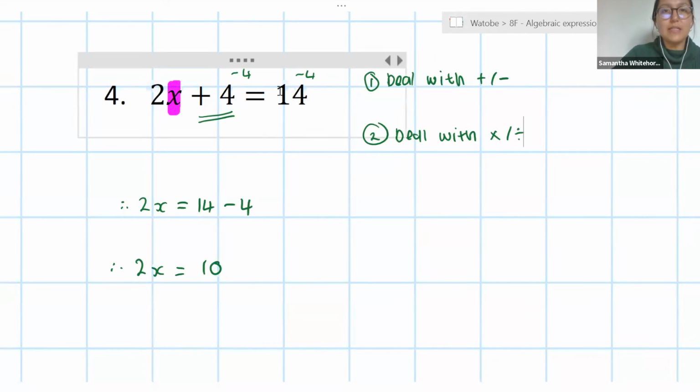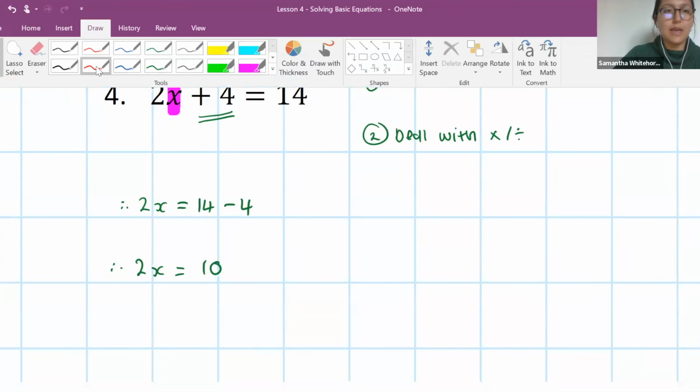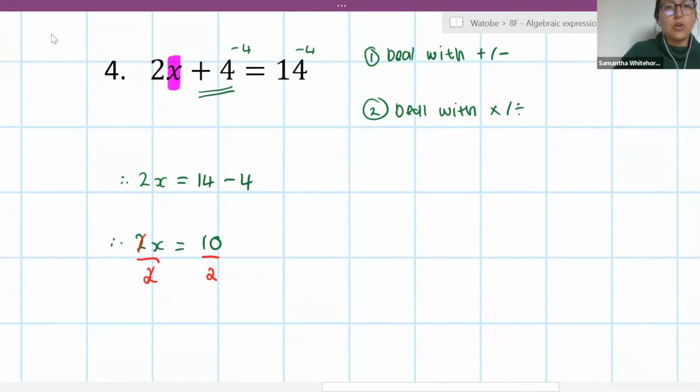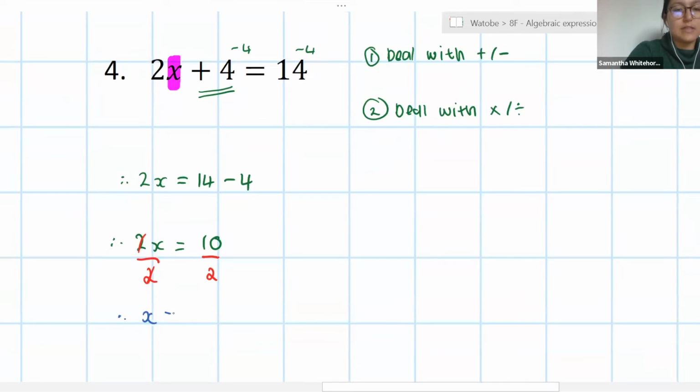And so in this case, I've got 2 times the x, so my inverse operation needs to be division. 2 divided by 2, we know just gives us the 1. And so if I now go and write down my answer, I've got x is equal to 10 divided by 2, which is 5, which Kia correctly told us is our value for x. Woo! Well done, my people.